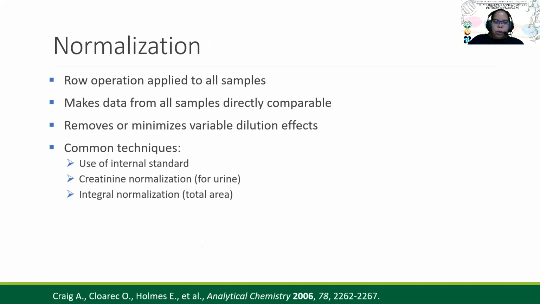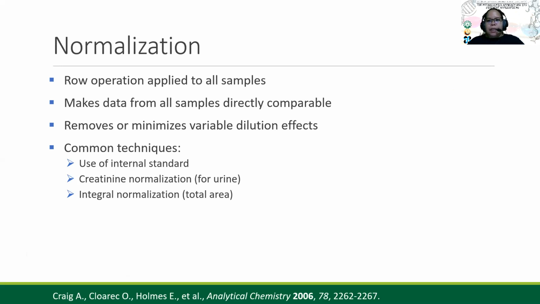Common techniques will include the use of internal standards, creatinine normalization for urine, but please note, creatinine normalization for urine cannot be used if you're looking at comparisons involving disease, kidney disease, for example, because of course we can expect that with kidney disease your creatinine will change.